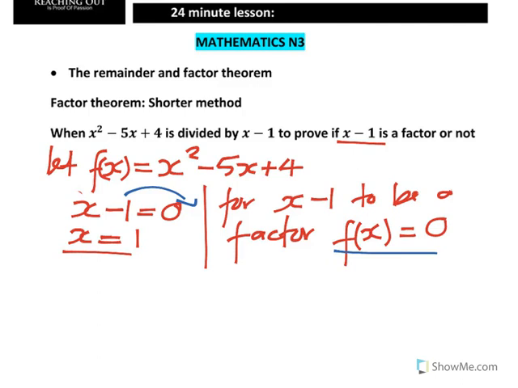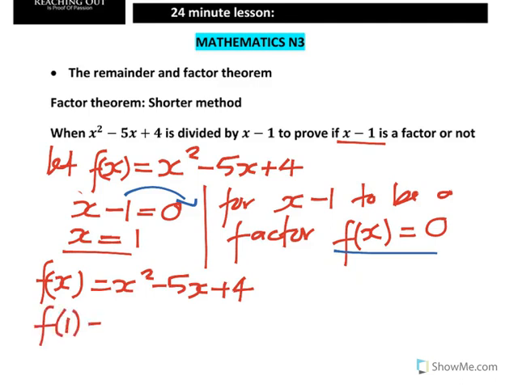So what you're going to have is, remember we said x is 1, f of 1 is equal to, now let me again not rush it. Remember you had f of x. What was our f of x? F of x was equal to x squared minus 5x plus 4. Now we are going to have f of 1 is equal to 1 squared minus 1 plus 4.